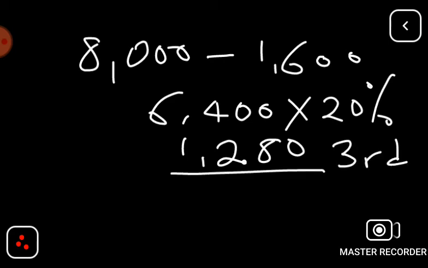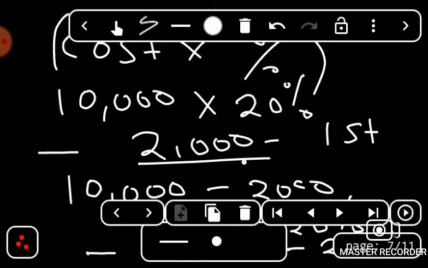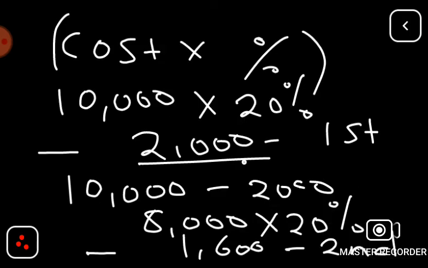Now they ask you a funny question: what was the accumulated depreciation for the last 3 years? What they're just saying is, what is the total depreciation? If you just hear the word total, it's just the addition. So we add this 1,280 plus the 1,600 and the 2,000.